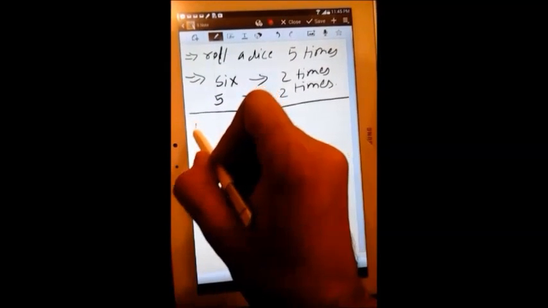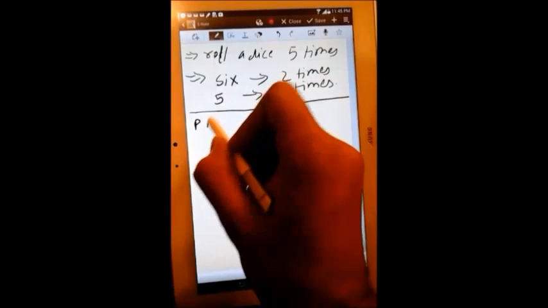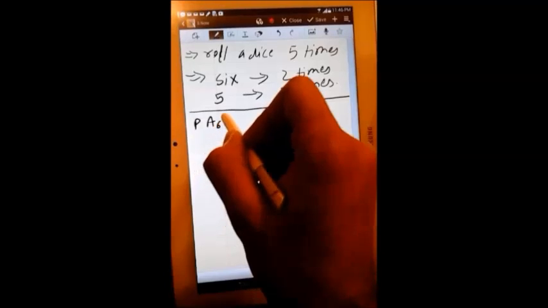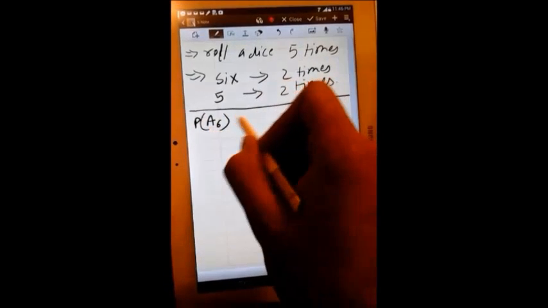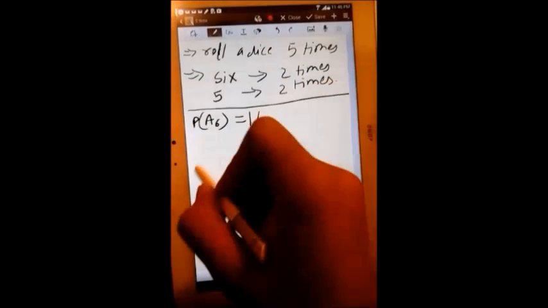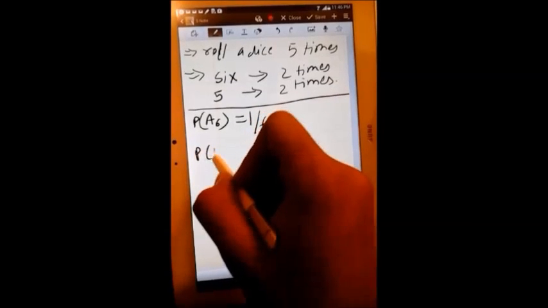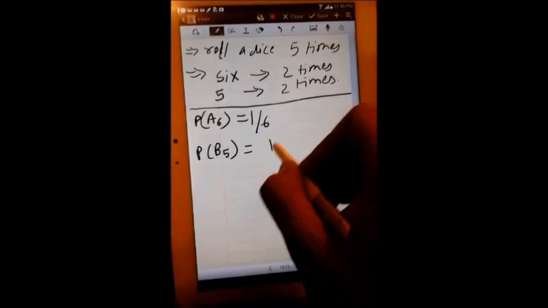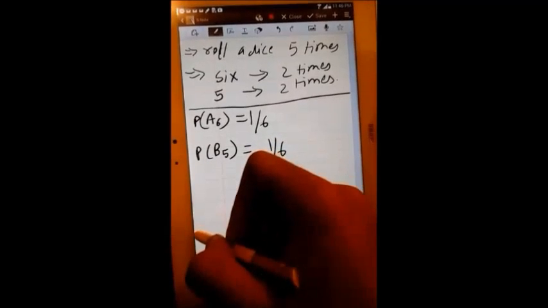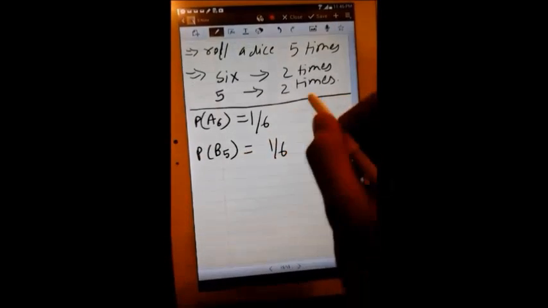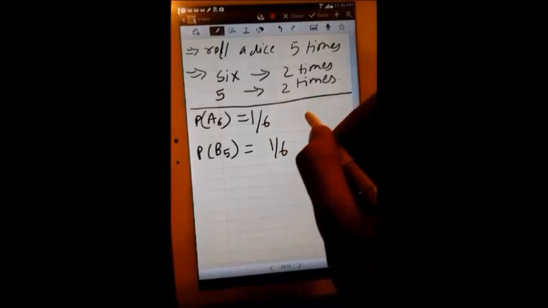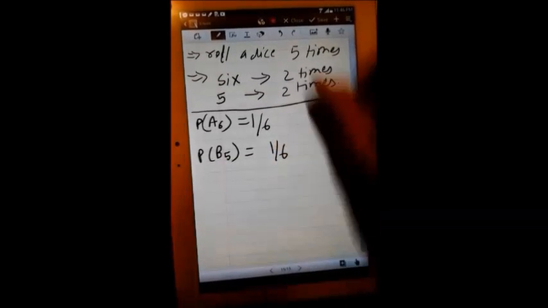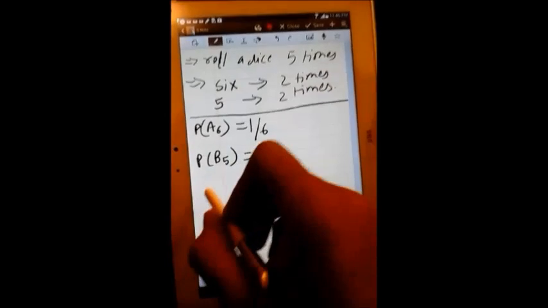First of all, the probability that the event A, that is 6, will appear on the dice is equal to 1 by 6. Similarly, the probability of event B, that 5 will appear on the dice, is equal to 1 by 6 again. Each event has probability 1 by 6 since we have 6 faces on the dice.